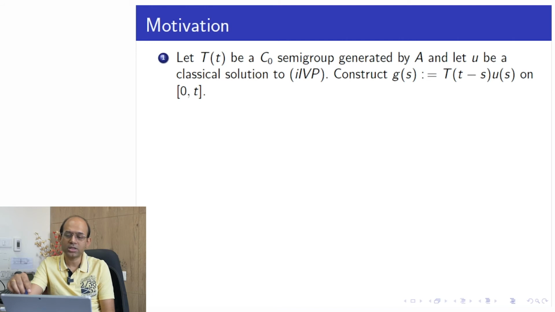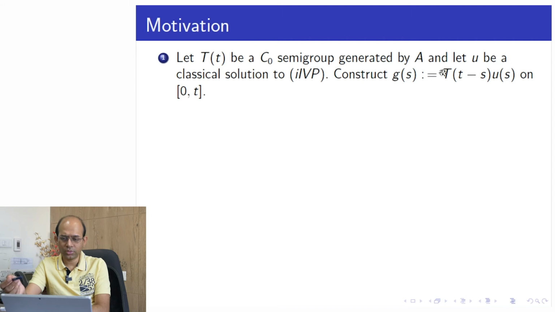For s equal to 0, u(0) is x, and so g(0) is equal to T(t) x. But when s is equal to small t, it would be u(t), because T(t minus t) is T(0), and T(0) is the identity, correct? So g(t) would be u(t), and g(0) is T(t) x.